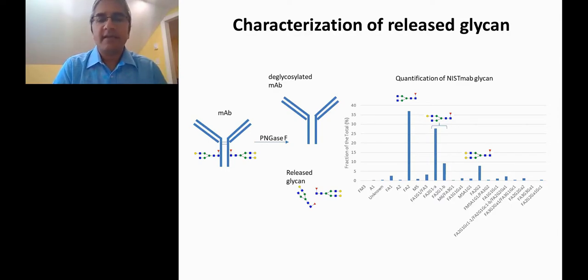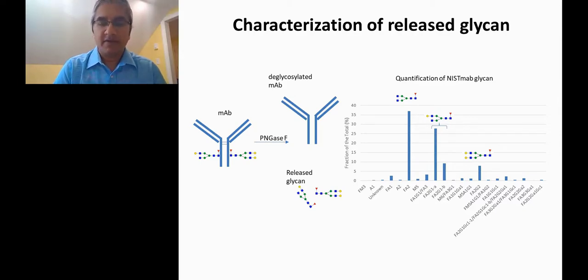As you can see, these represent different types of samples that have been analyzed, but the information contained is the same: which distinct glycoforms or glycan structures are present as part of the post-translational modification of the antibody.